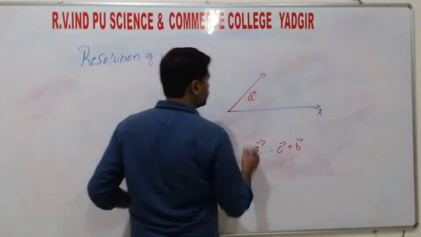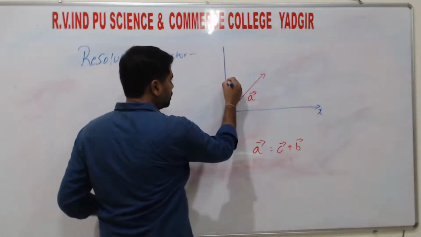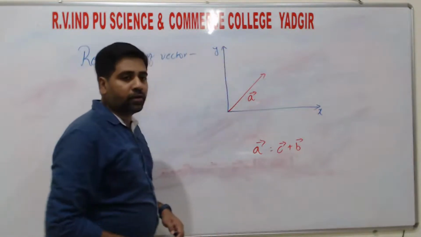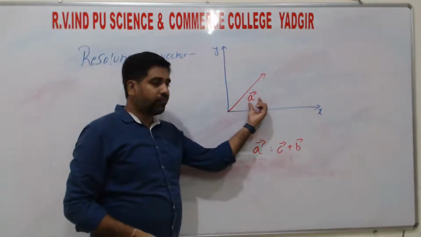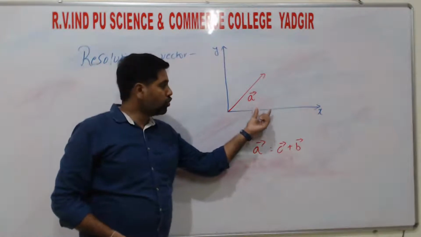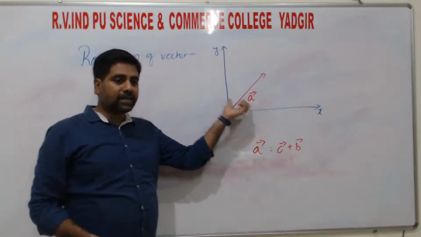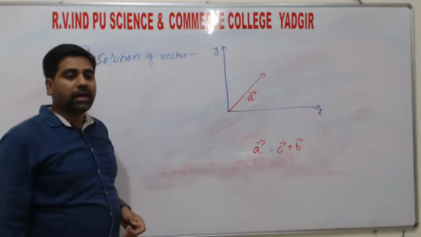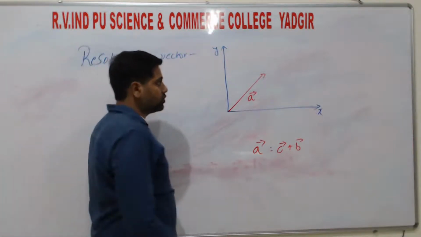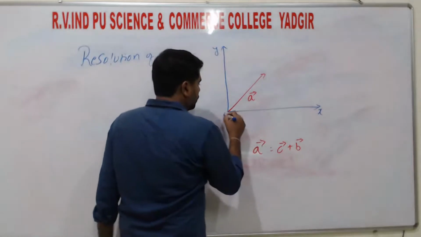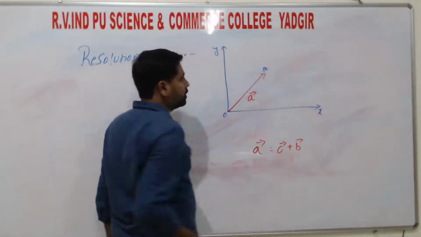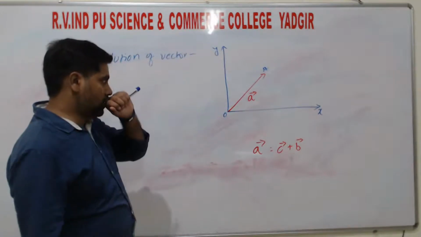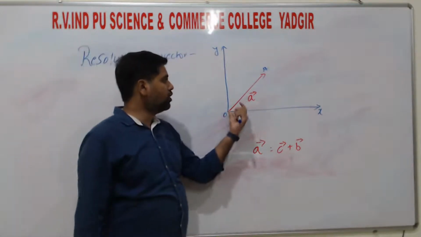So if we plot the axes, this one is the x axis and here is the y axis. If we split this vector A into components along the x axis and along the y axis, those components are called rectangular components. This one is OA, so vector A is represented by OA.